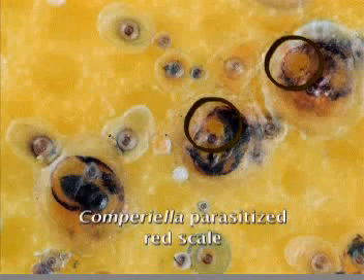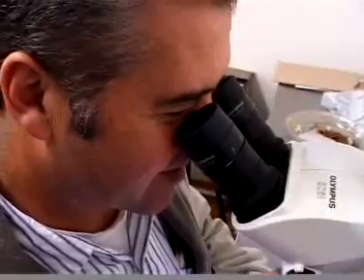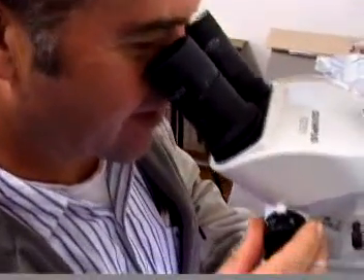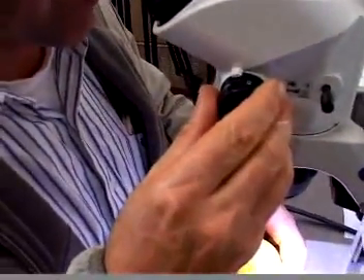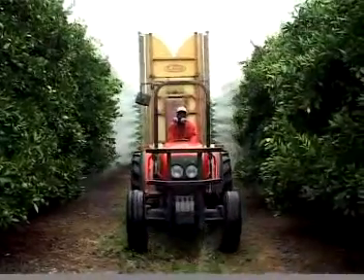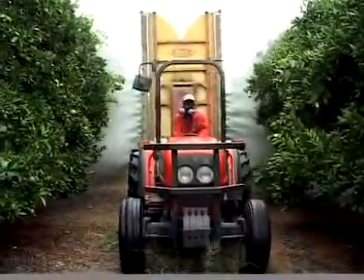If the correct decision for red scale control has been made early in the season, whether a preventative spray has been applied or not, hopefully it will not be necessary at any stage during the season to apply a corrective control measure. Nevertheless, by conducting this monitoring, both scouting in the orchard and microscopic evaluation, it will be possible to determine whether it is ever necessary to apply a corrective measure late in the season.